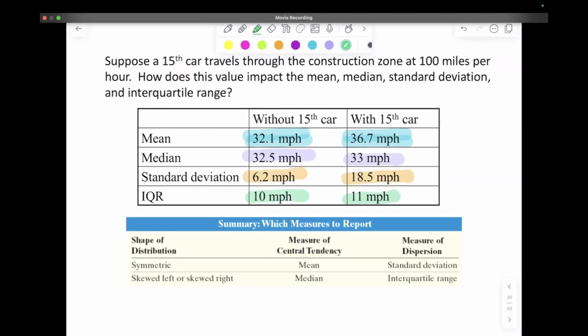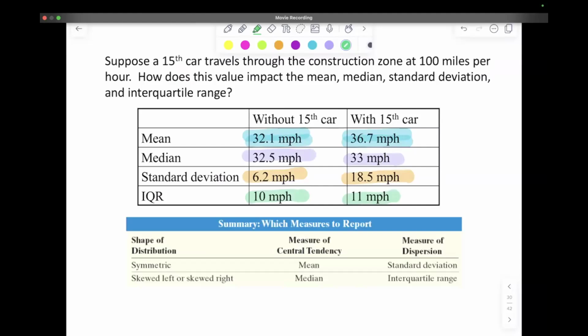The median and the IQR are considered resistant to outliers, which means that they don't change much when there are extreme values. Therefore, if we have a nice symmetric distribution, we are going to use mean and standard deviation. If we are skewed, we are going to use median and interquartile range.